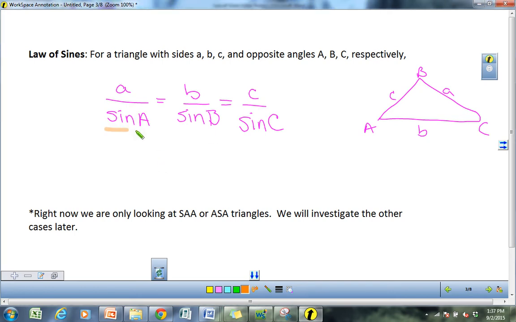So you might have side a over sine A is equivalent to c over sine C. But the formula does have all three of them together.